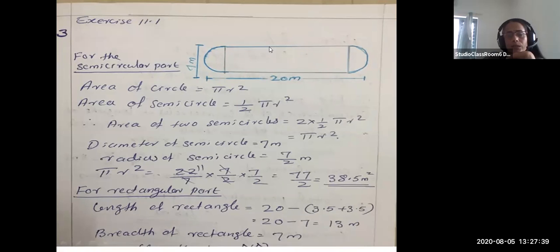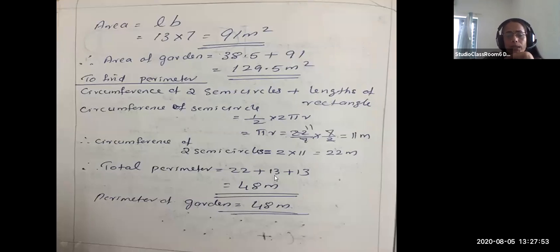It is not there in the perimeter. Perimeter means only the boundary. So we don't want this length. This length is only for finding the area of the rectangle. For perimeter, we need only 13 plus 13, that is 2L, equal to 26. So total perimeter equals 22 plus 13 plus 13, 48 meter. That is the perimeter of the garden is 48 meter.